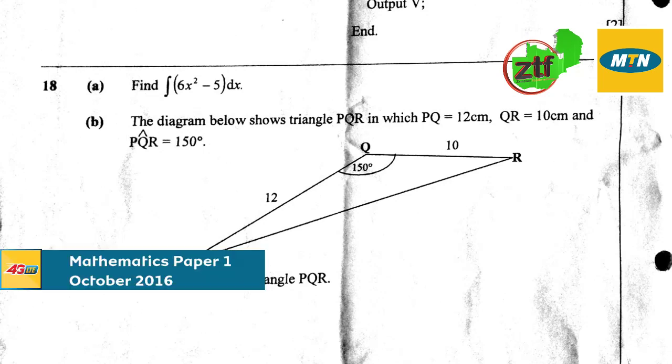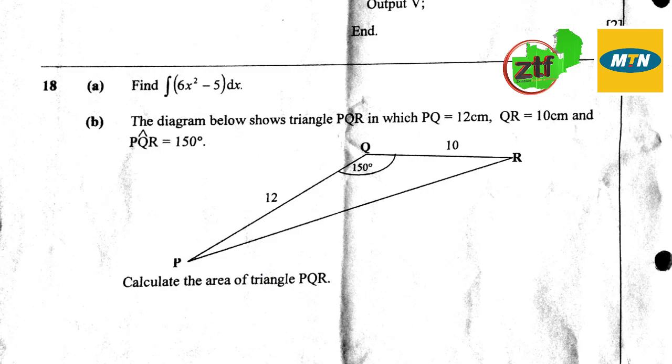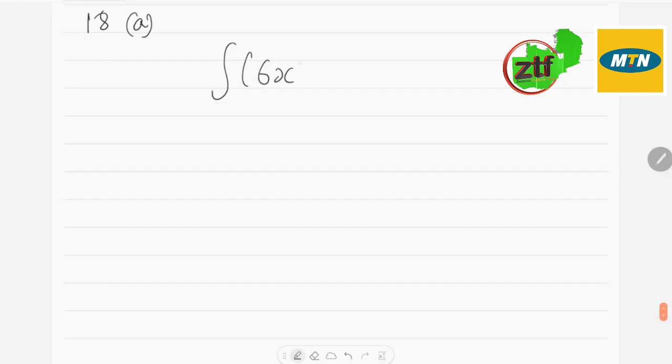So for question 18 part A, we have the integral of 6x squared minus 5 dx.